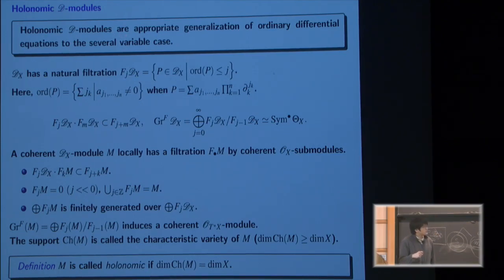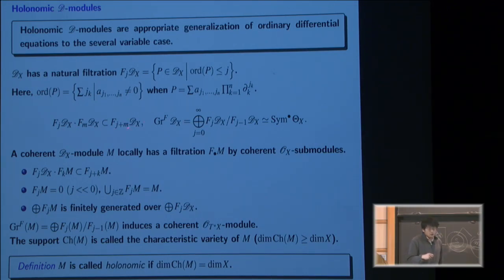Anyway, let me explain the definition very briefly. We consider the filtration of D_X given by the order of differential operators. Namely, let F_j D_X denote the sheaf of holomorphic differential operators whose order is at most j. Then multiplication of F_j and F_m is contained in F_{j+m}.